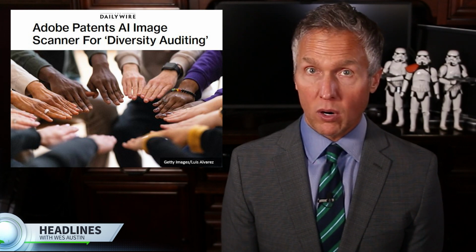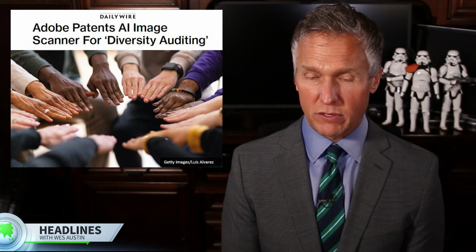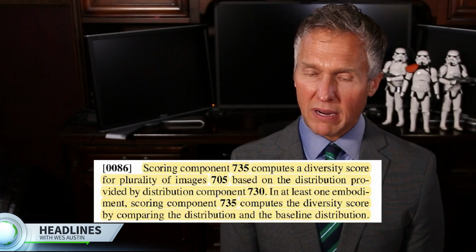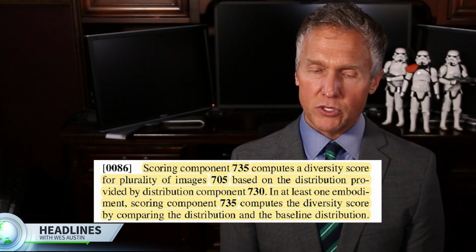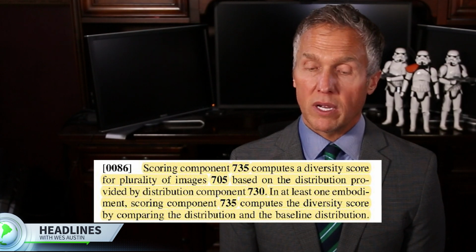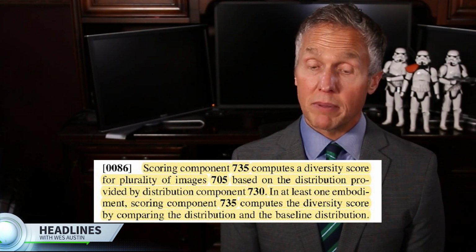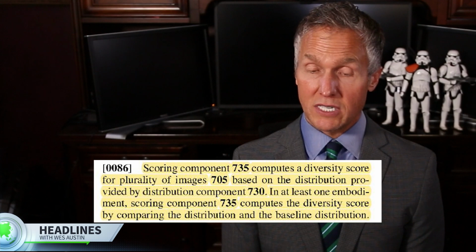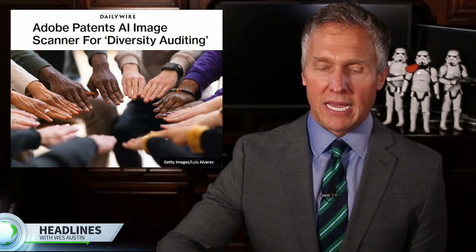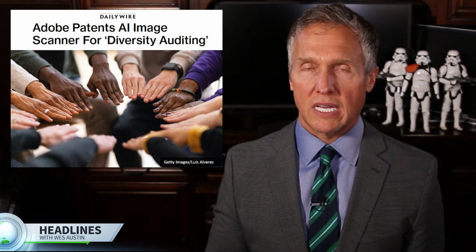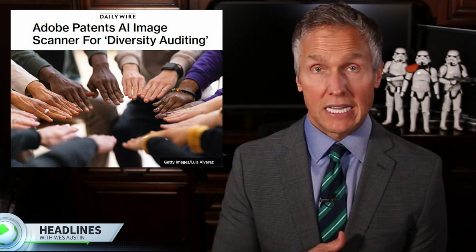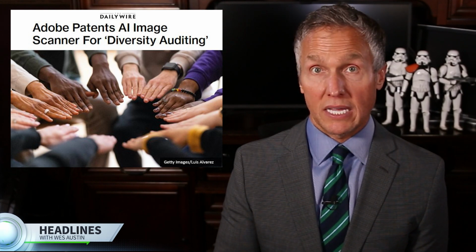So here's a little bit more on how they would calculate that diversity score. Scoring component computes a diversity score for a plurality of images based on the distribution provided by distribution component 730. In at least one embodiment, scoring component computes the diversity score by comparing the distribution and the baseline distribution. There start to be some formulas, but I think basically what it's saying is they have an expectation or baseline distribution for what the diversity should look like.